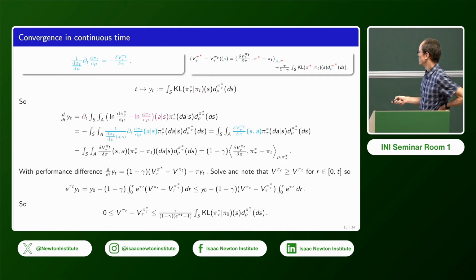Getting rid of the entropy regularization would at least formally mean that I am sending tau to 0 in this expression, and if you do that, hopefully 1 over t will come out. So if I send entropy to 0, I've lost something on the rate of convergence, but otherwise it's okay.